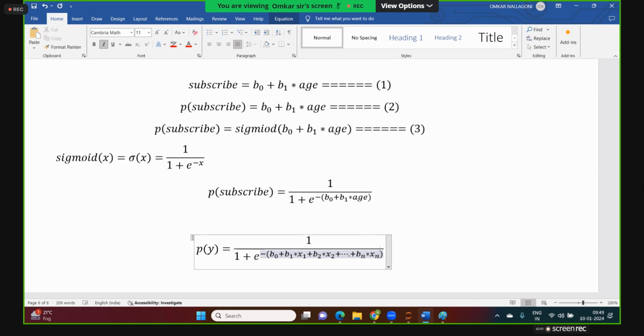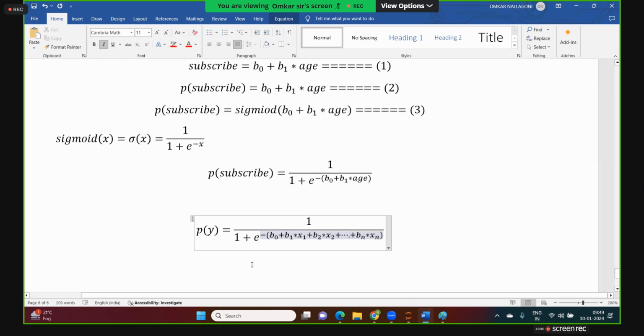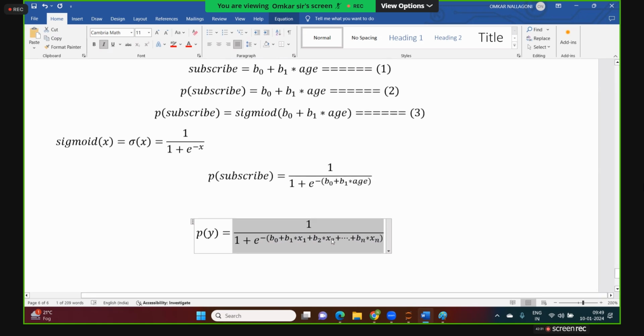So this is your final equation. That means you have data, and if you find this value, it will range from 0 to 1. Everyone understood this formula now?